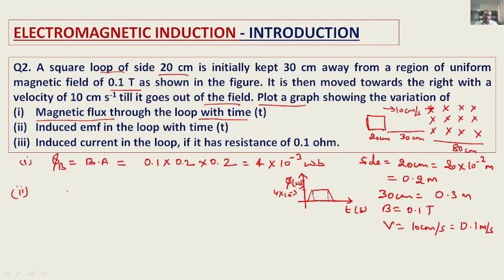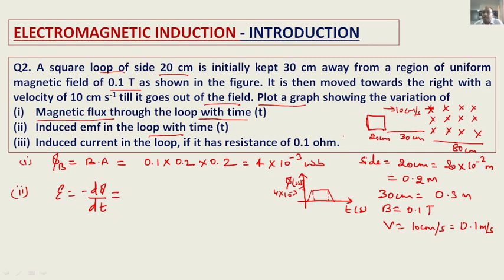So now we have to find the induced EMF. Induced EMF epsilon is equal to minus d phi by dt.